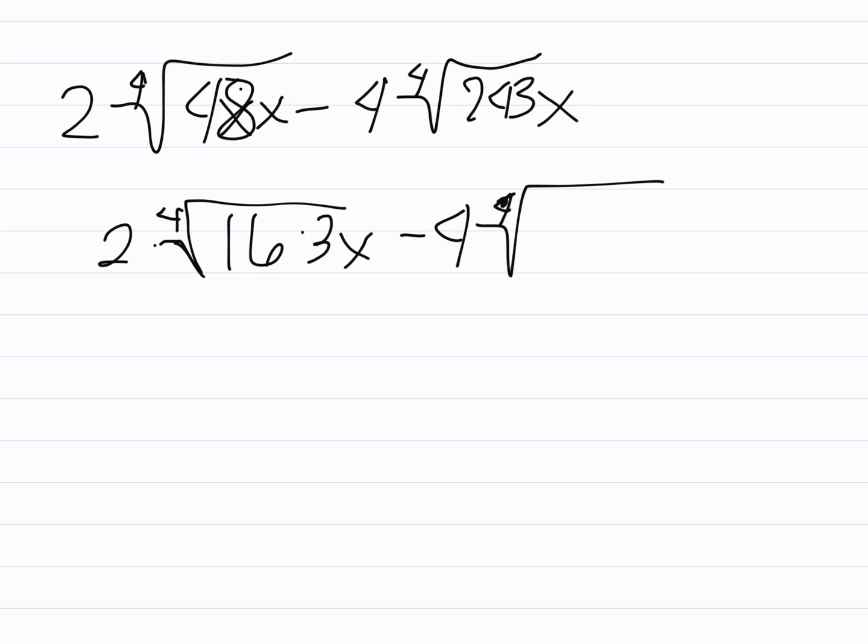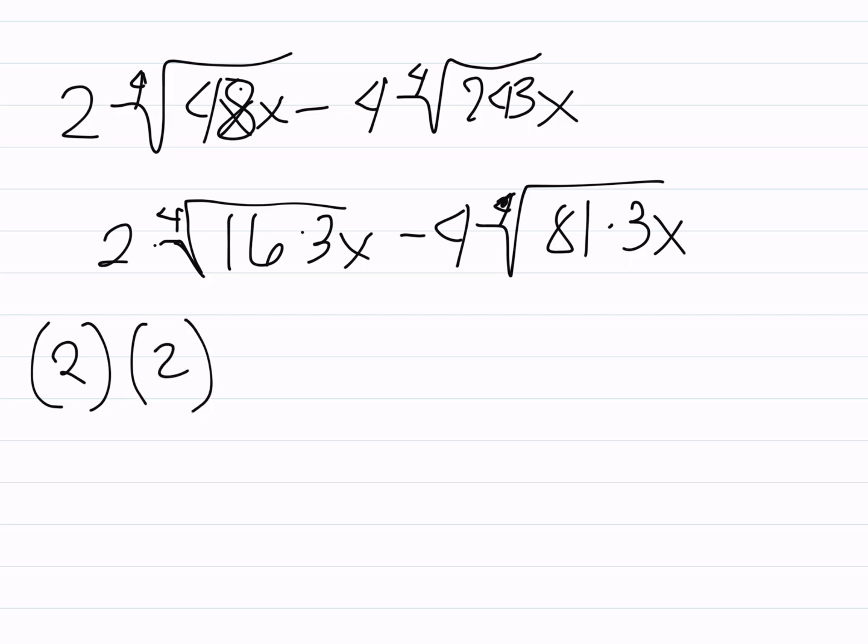Then the fourth root of, what's the factor of 243 that is a perfect fourth power? Of course, 81 times 3x. Okay, so 2. So what's the fourth root of 16? The fourth root of 16 is 2 because when you multiply 2 by itself 4 times, the product is 16.